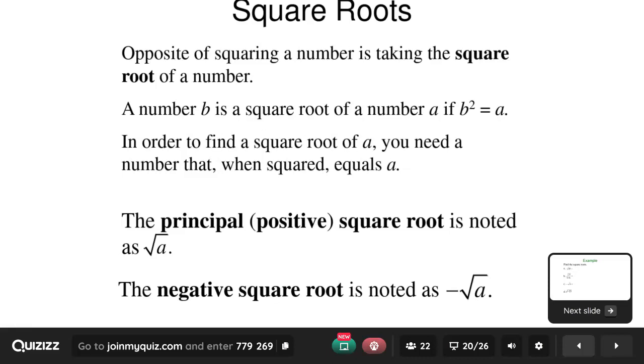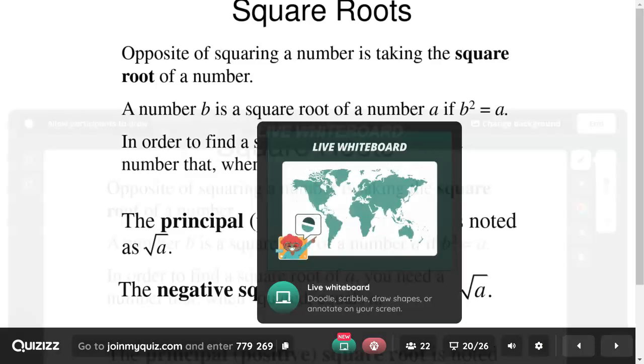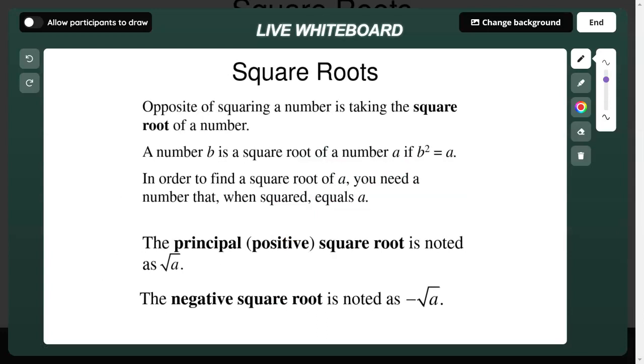When we have a square root, we have to think backwards and say, what number times itself gives me this value? We look back at the last one, and I had -5 times -5, and that gave me 25.